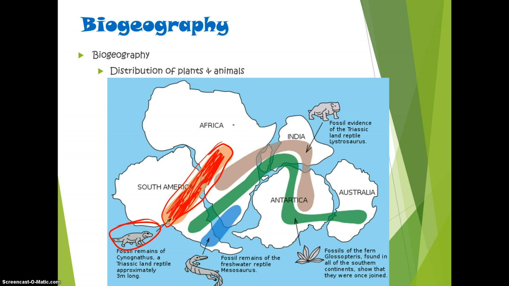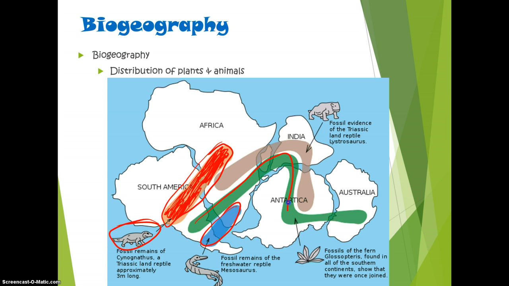It would be impossible for this little land reptile to swim all the way across the ocean to get from where South America is now to where Africa is now. And yet we find fossils of these guys here, so we know that they had to have been there at one point. It's the same story for each one of these.